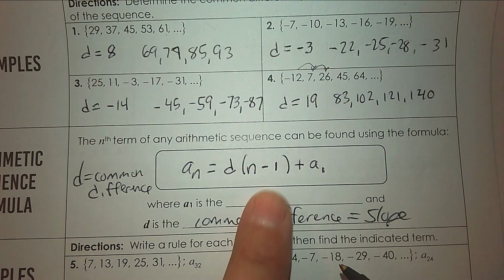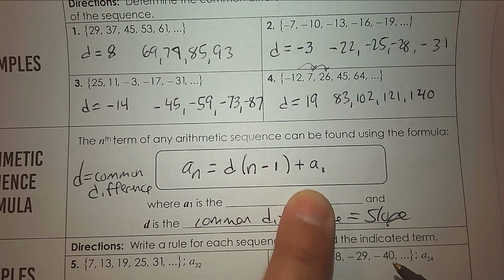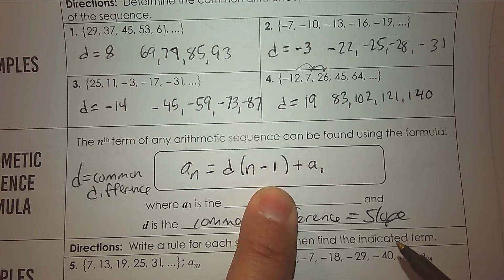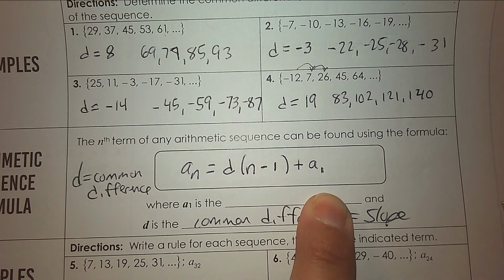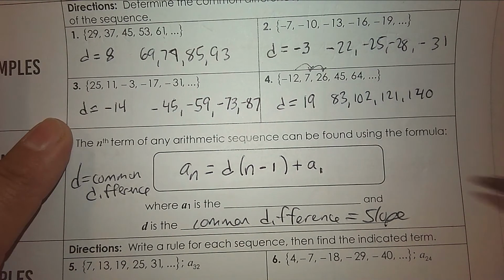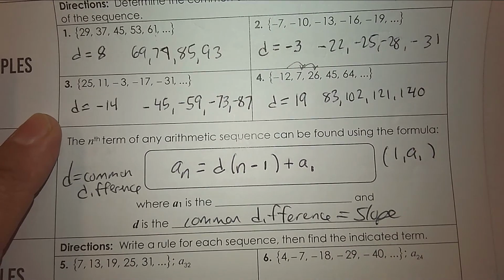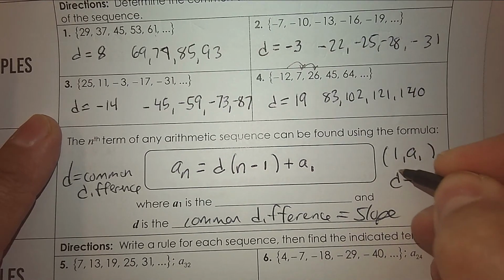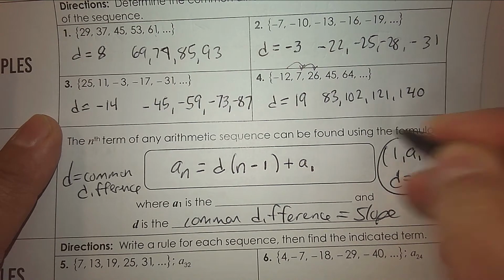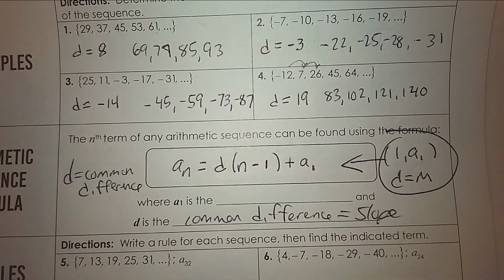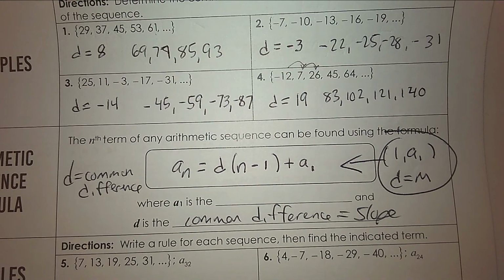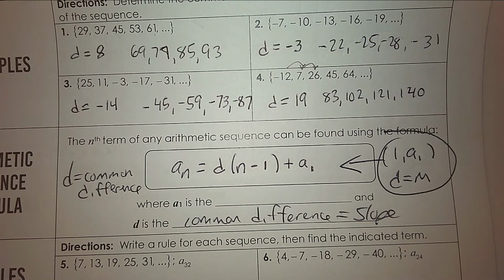Then this would be 2, and this would be A2. Or if you knew the 10th term, this would be 10, and this would be A10. Like 1 and A1 is a point, and the common difference is the slope, and we're just using a linear equation because arithmetic means linear.